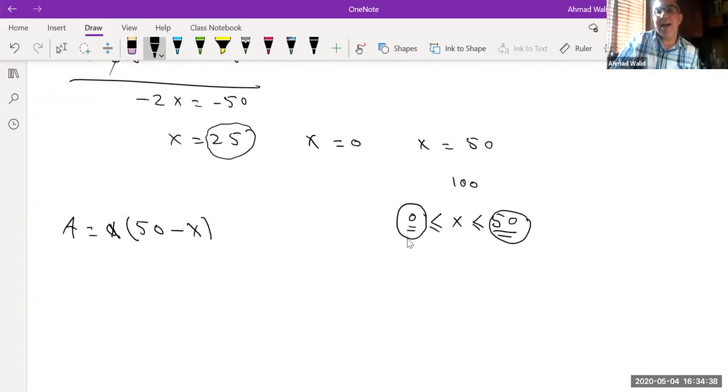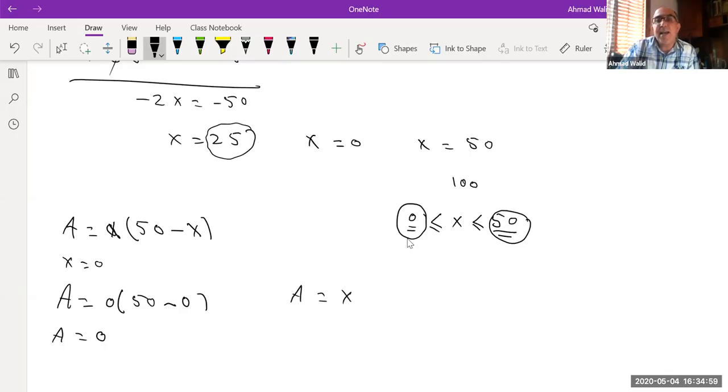Look, if I plug in 0 here, when x is 0, my area will be A equals 0 times 50 minus 0, which becomes 0. If I use the other endpoint, which is 50, I have A equals x times 50 minus x.